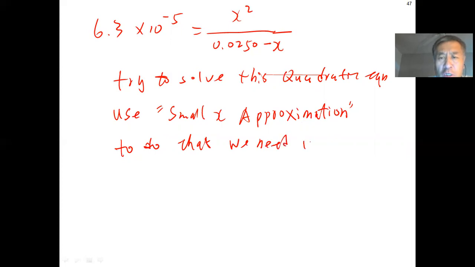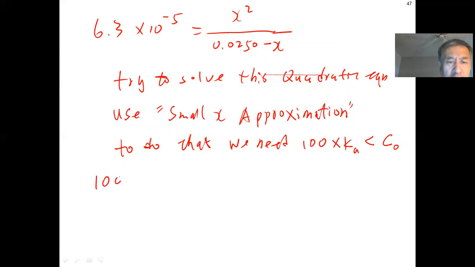We need 100 times the Ka if we solve a problem for a weak acid, or 100 times Kb for a weak base, to be smaller than C0, the initial concentration of the weak acid or weak base. So let's check that.